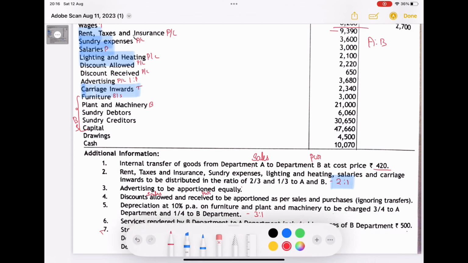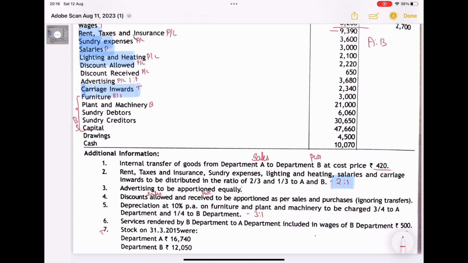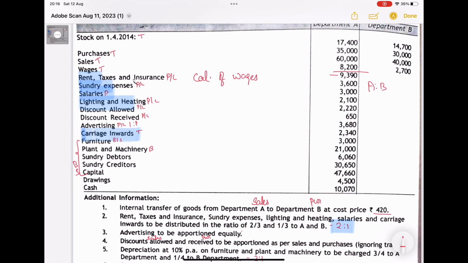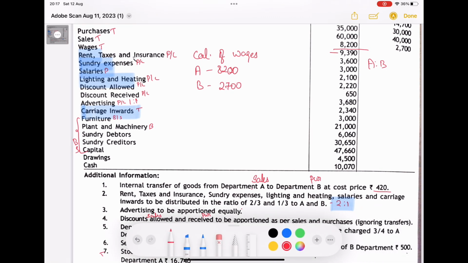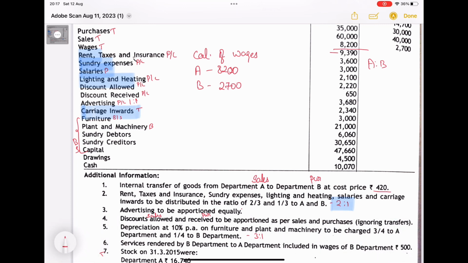Okay, let's calculate the wages value, because they have given that the service rendered by department B to A is included in the wages of department B. So, the calculation of wages: wages for A 8,200 and for B 2,700, which includes the service rendered by B department to A department.